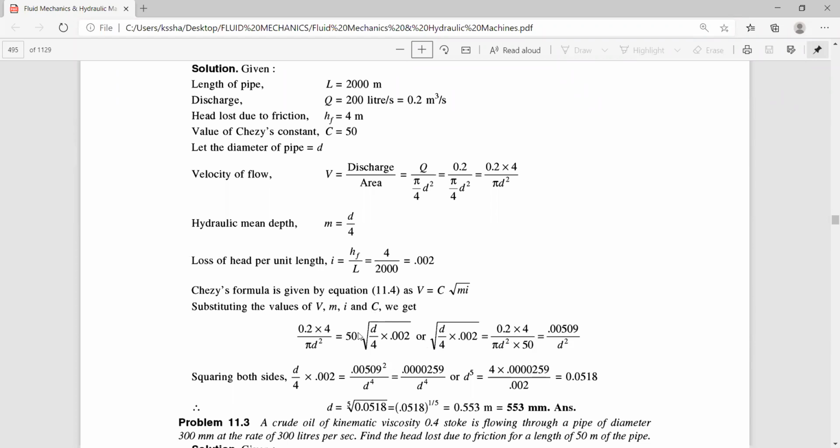This 50 we are taking to this side, so it becomes 0.2 into 4 divided by pi d square into 50.